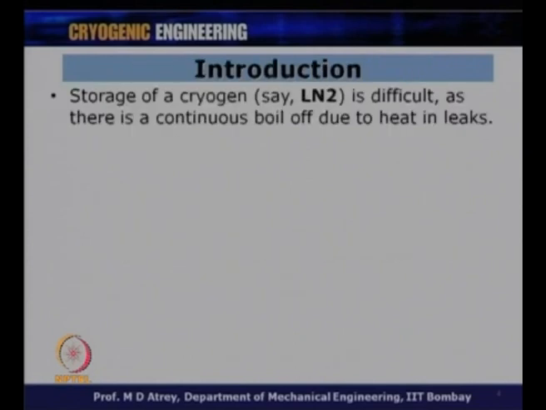So, introduction as to why should we have cryogenic insulation. Before we go to the formal lecture, we are talking about very low temperature. We are talking about 77 Kelvin, 4.2 Kelvin, and our ambient temperature is normally around 300 Kelvin, which is quite high as compared to these cryogens.